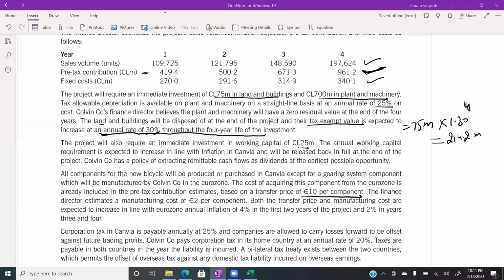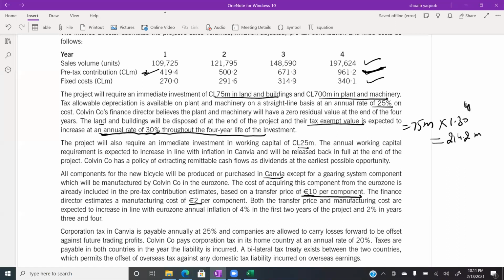So your subsidiary is in Canvia, and you will import the gear system from the Eurozone, and the cost of that system is 10 euro. And you have already included that cost in this calculation. It is written here: the finance director estimates a manufacturing cost of 2 euro per component. Actually, the actual cost of that gearbox is 2 euro.